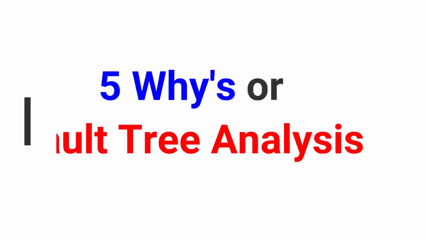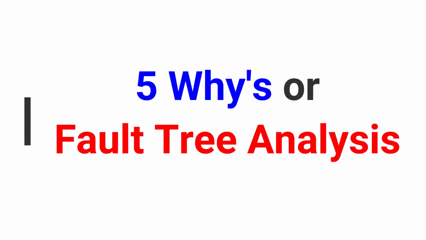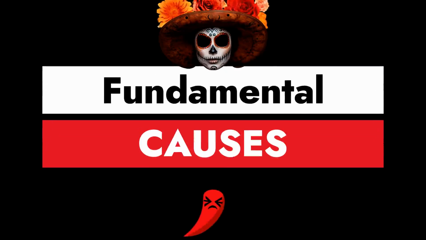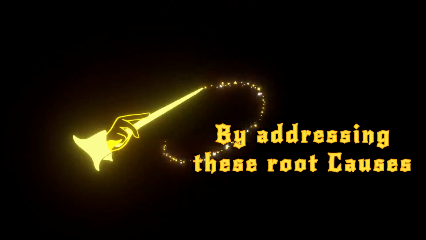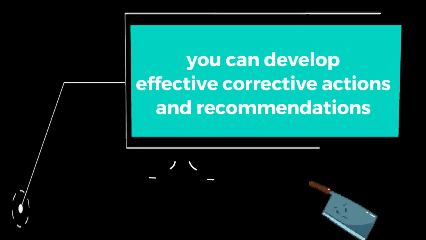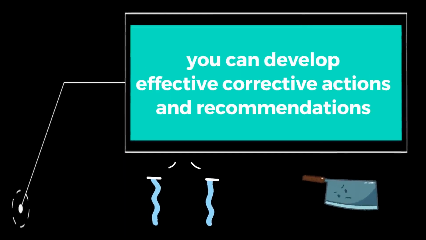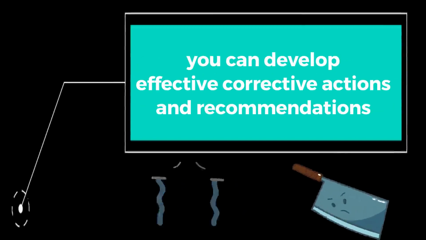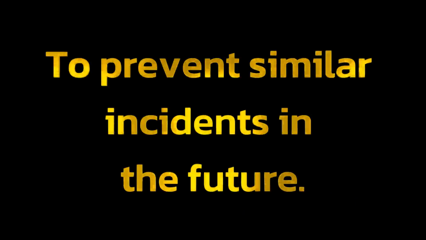Techniques like the 5 whys or fault tree analysis can be employed to trace back to the fundamental causes. By addressing these root causes, you can develop effective corrective actions and recommendations to prevent similar incidents in the future.